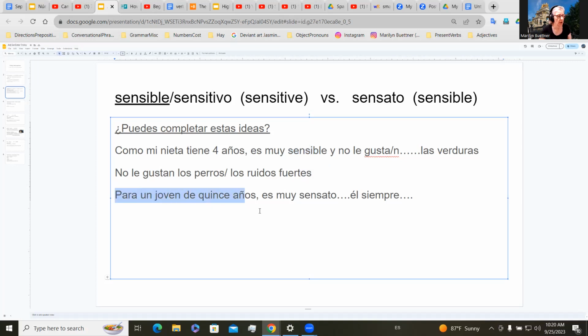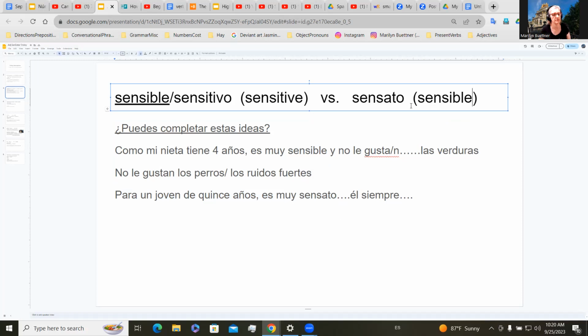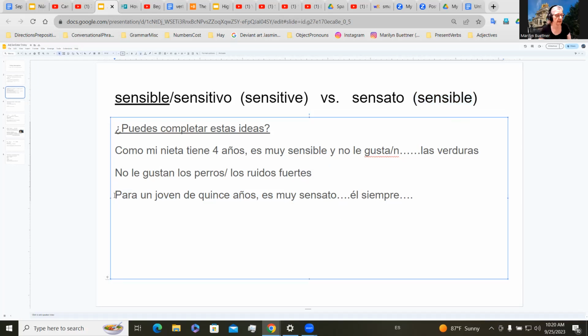El segundo ejemplo. Para un joven de 15 años, for a 15-year-old, es muy sensato. He's very sensible. I am making a comparison, even though he's 15 and you may think 15, goofy age. Es muy sensato.